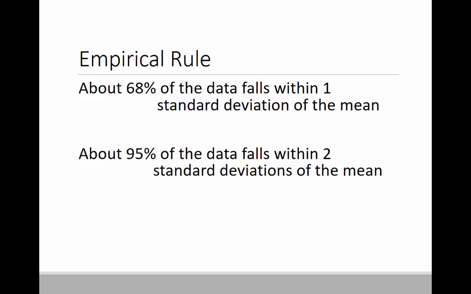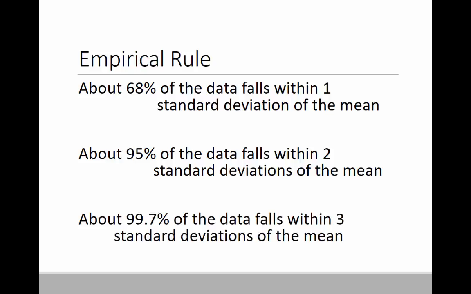Approximately 95% of the data values will fall within 2 standard deviations of the mean, and approximately 99.7% of the data values fall within 3 standard deviations of the mean. The next few slides will give us a graphical representation of this empirical rule. The empirical rule can also be referred to as the 68, 95, 99.7% rule.